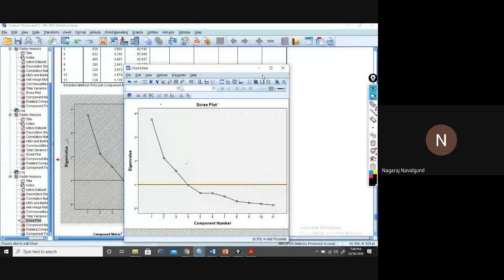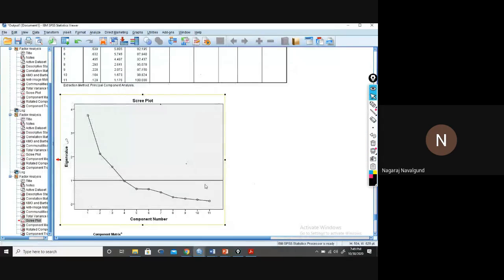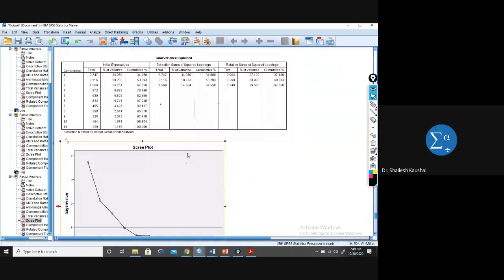Okay, sir, but what is the ideal eigenvalue we need to take? The ideal is 1. So this is the one criterion.